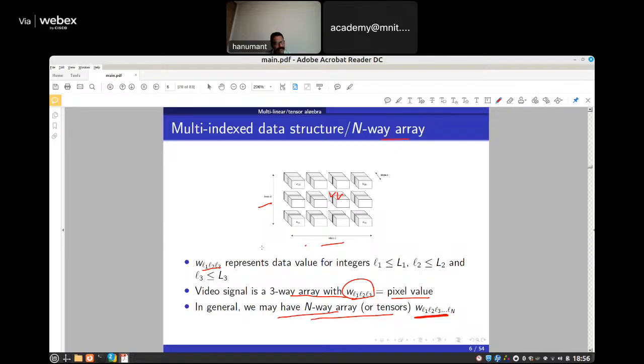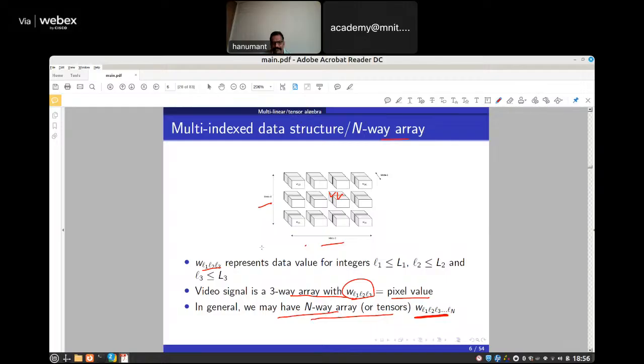It may lead to somewhat complicated mathematics, but we will not worry about that. If possible, we will try; otherwise, we will go back to the methods which we know. A three-dimensional or n-dimensional arrangement of data is called an n-way array, multi-index data structure, or tensor.